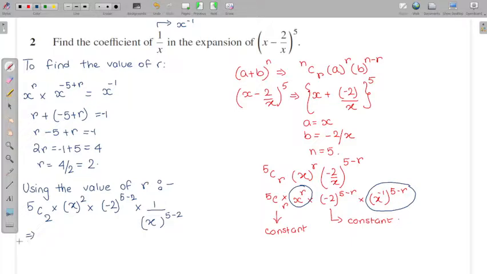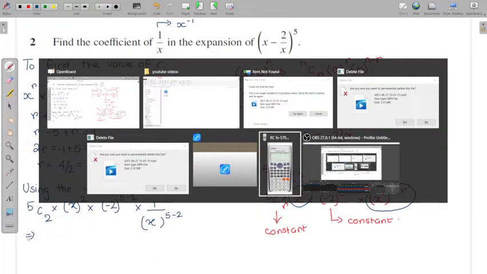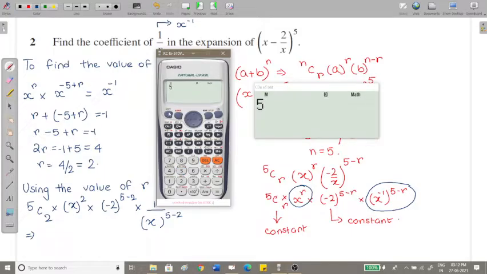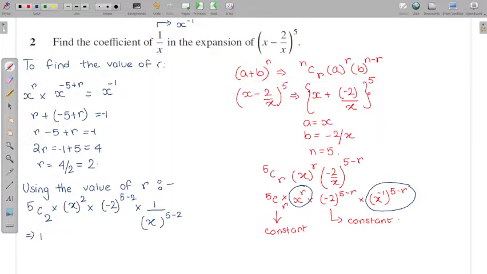So 5c2, if we want to find that out, that comes to 10. So this will be 10 into x square and minus 2 whole to the power 3. So minus 2 cube will give us minus 8 into 1 by x cube.